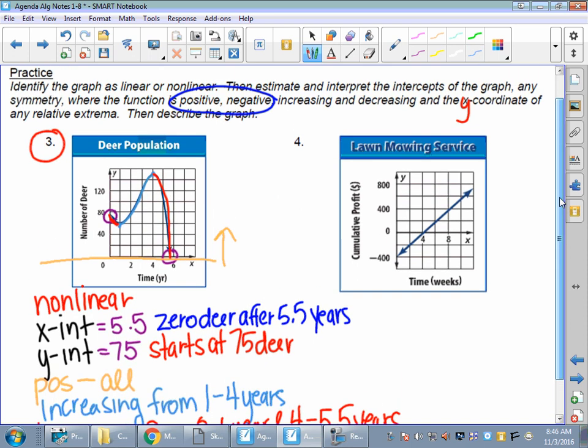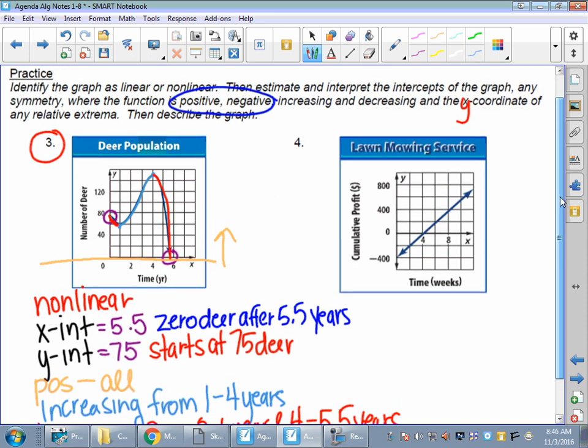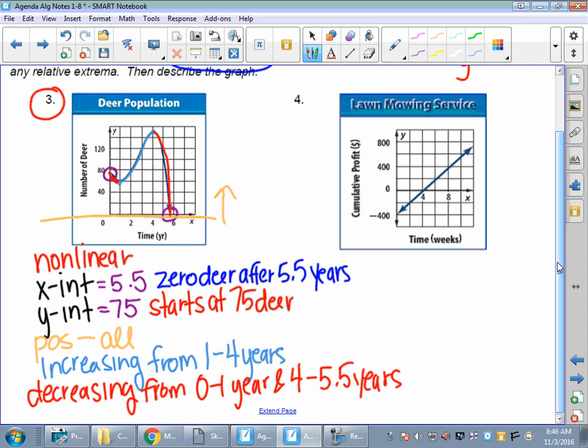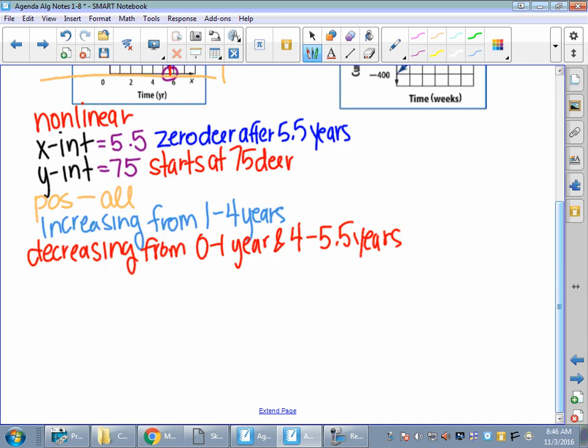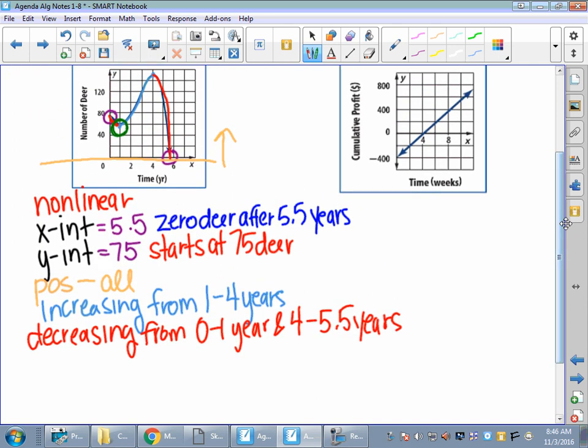And last but not least, the extrema. So the relative max and relative mins. I see one of each. And remember, it's kind of like a change in direction. So right here, I see a point where the change in direction happens. Is that a relative max or a relative min? Is that a highest or a lowest point relative to the others?